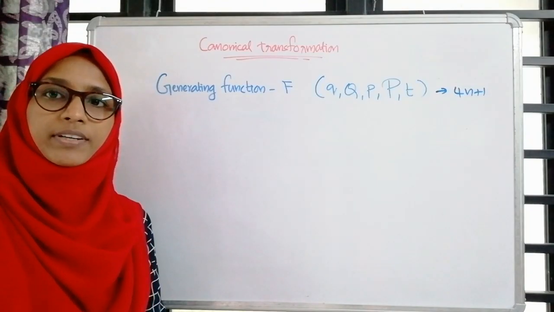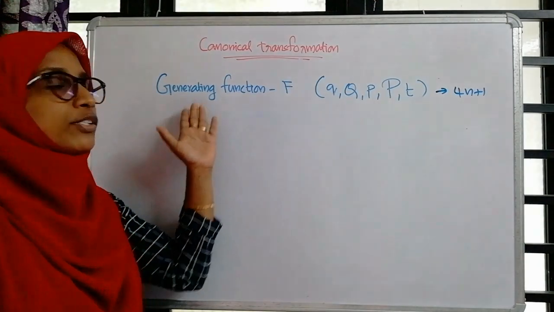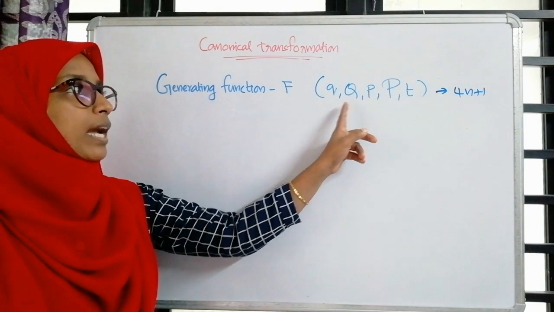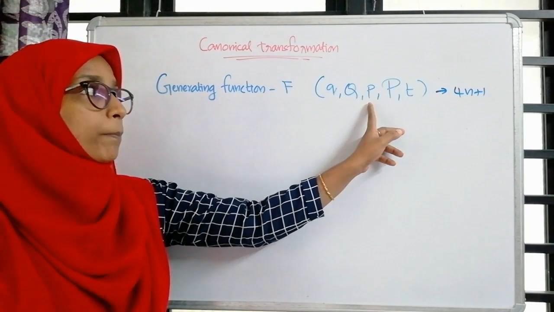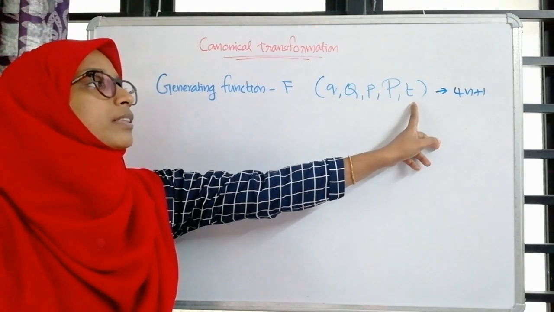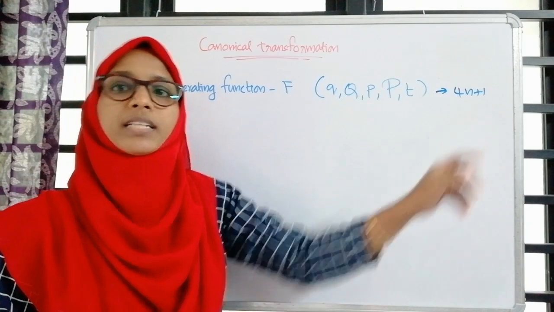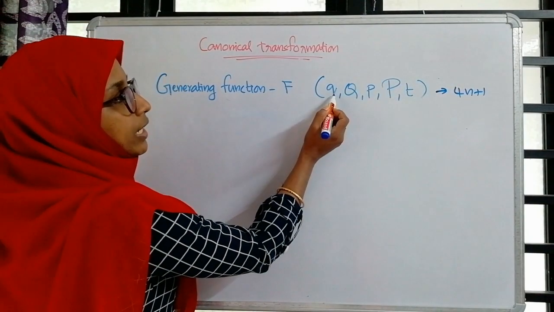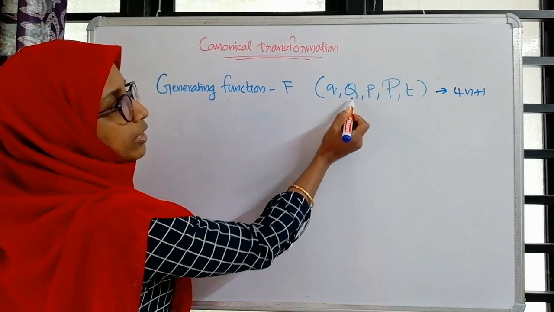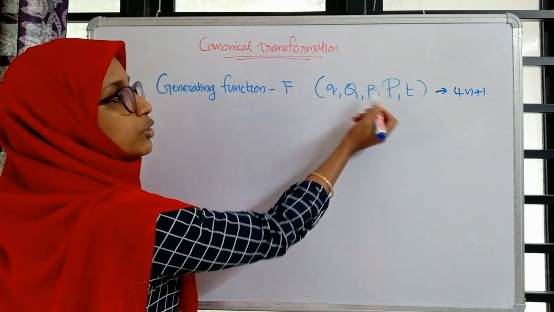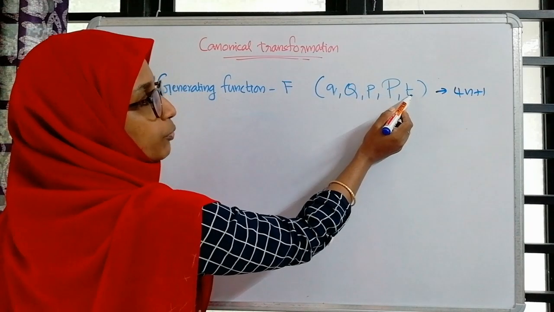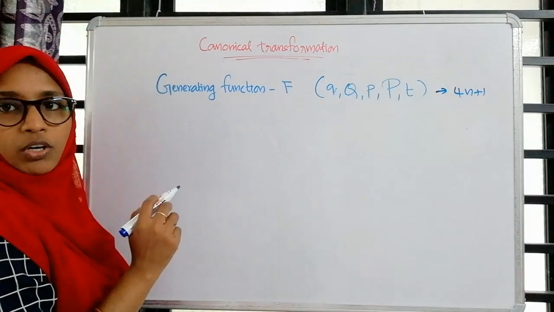The generating function is the one which generates the transformation during the canonical transformation. It will have the coordinates small q, capital Q, small p, capital P, t. That means 4n plus 1 coordinates. Here i is equal to 1 to n in each set, giving 4n coordinates, and the plus 1 represents the time coordinate.